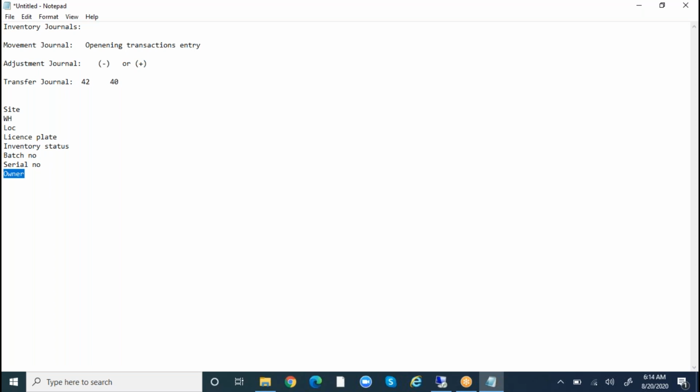That cannot be changed through the transfer journal. Next, size, style, color. If I want to change from one inventory dimension value to another inventory dimension value, then I can use this transfer journal.